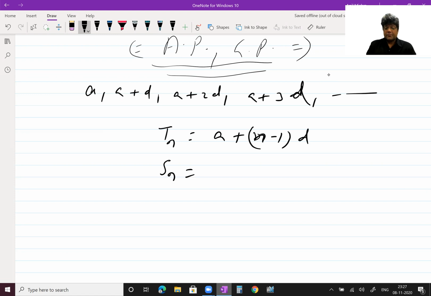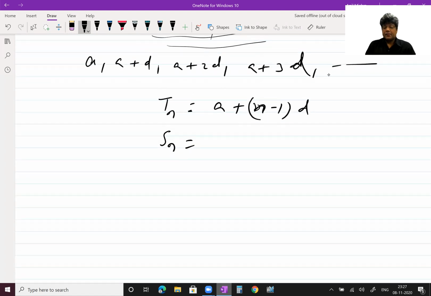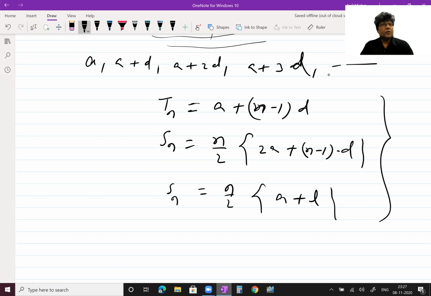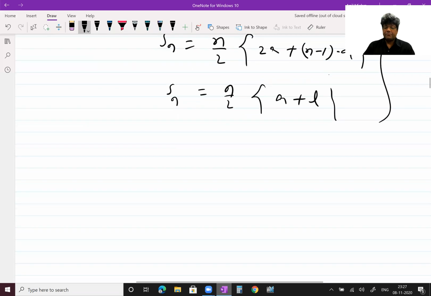Sum of the first n terms of an AP is n by 2 inside the bracket 2a plus n minus 1 into d. Or you can calculate by the formula n by 2 into a plus l. These are the formulas for the AP series.